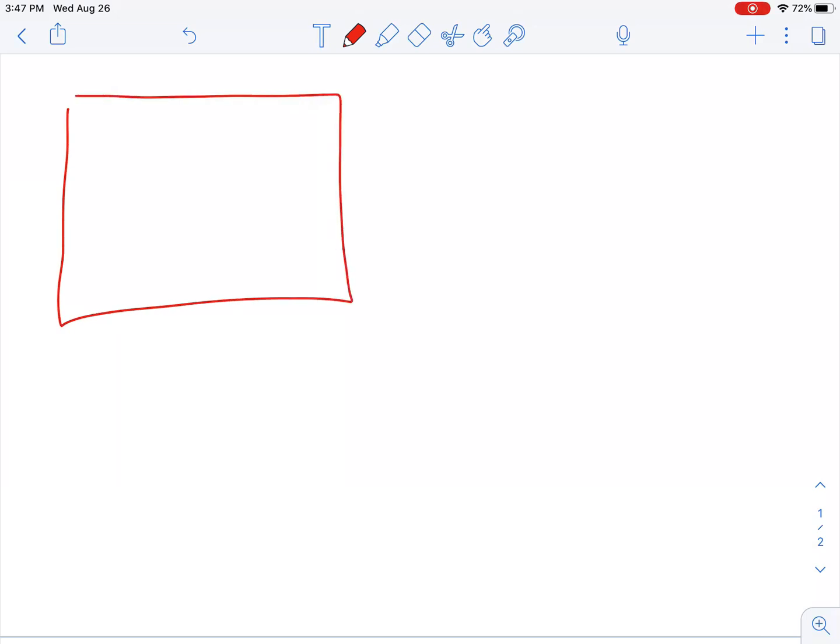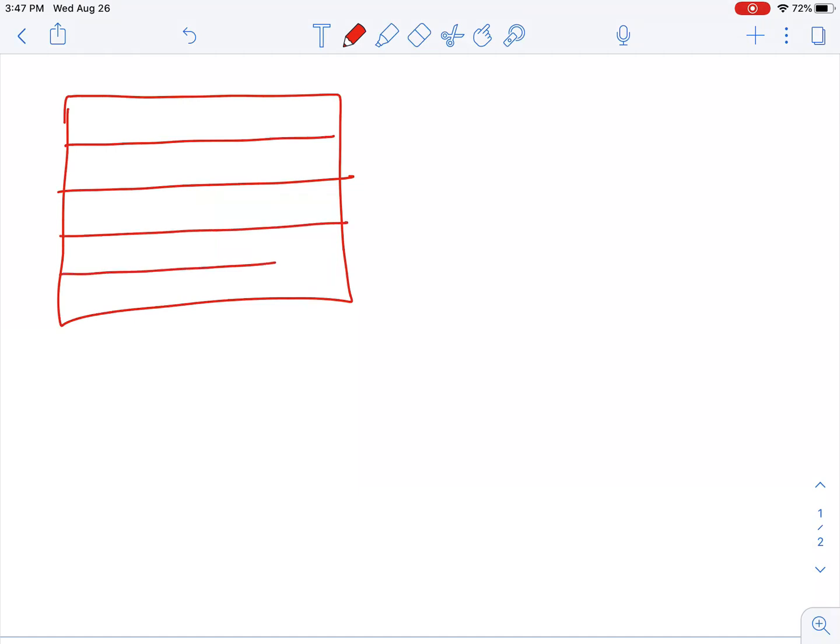All right, so let's do another. Say we get our information from a chart. Mine's not going to be beautiful, and I'm sorry. Trying to do it on the fly. Y'all know I don't do well on the fly. So this will be class period, and this will be students.